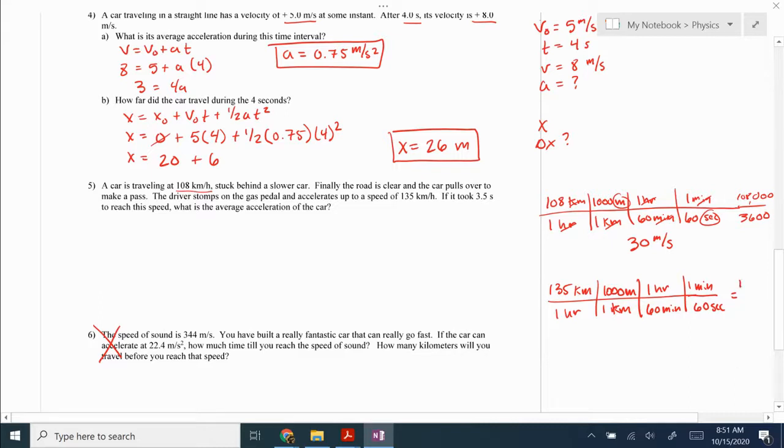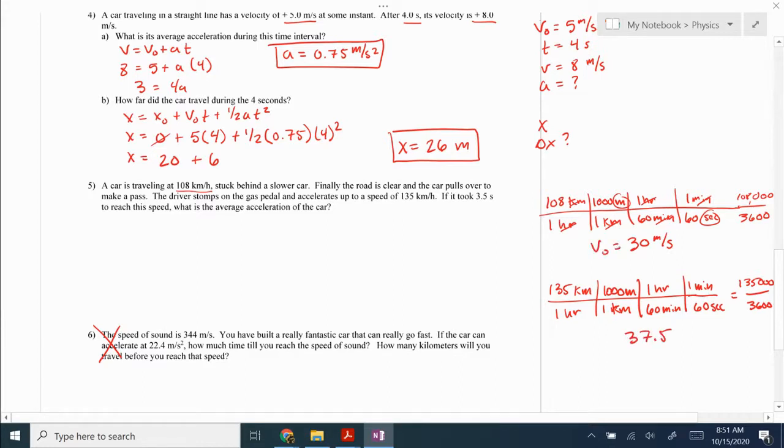So that's going to give us 135,000 divided by 3,600, and that's going to give you a velocity of 37.5.